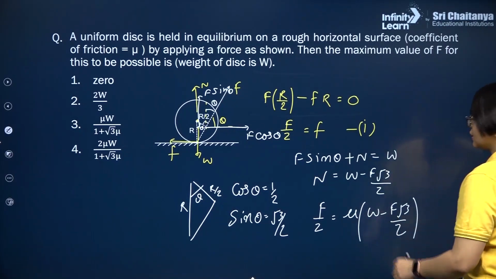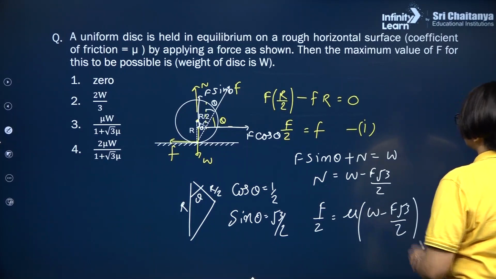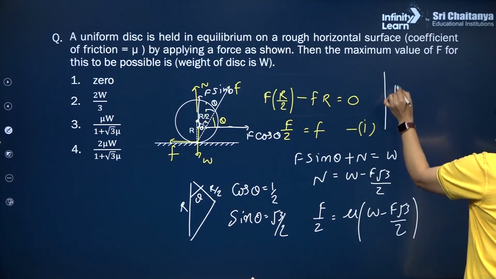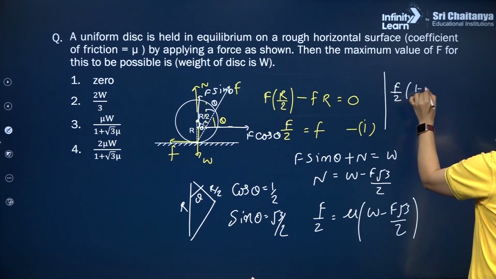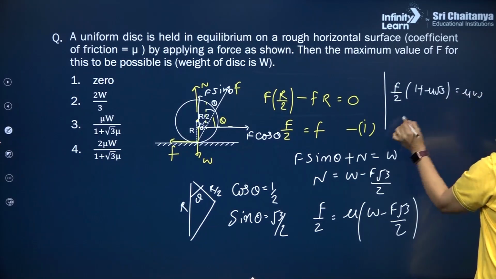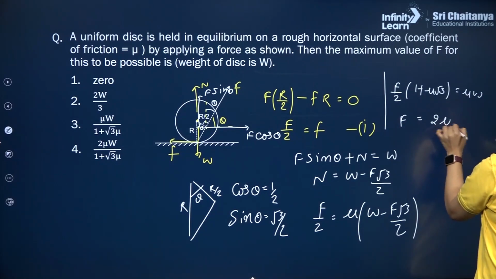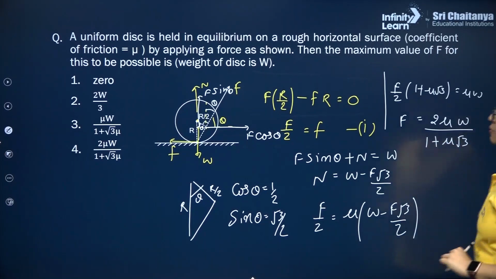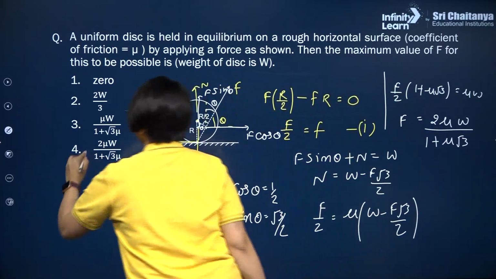After solving this equation, you will get F by 2 common, 1 plus mu root 3, and it is mu W. So, force will be 2 mu W divided by 1 plus mu root 3. This is the value of force, which is option 4.